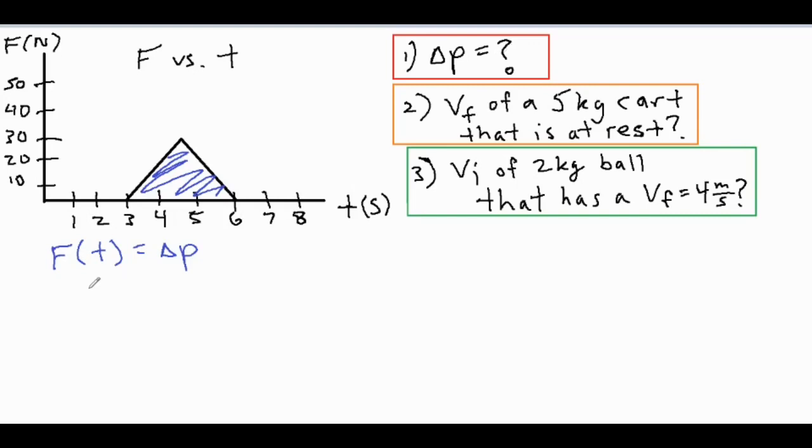What is the impulse? That's basically finding the area of our triangle. So it's just 1/2 base times height. The base is 6 minus 3, so it's just 3 seconds that are elapsing. And then the height is 30 newtons.